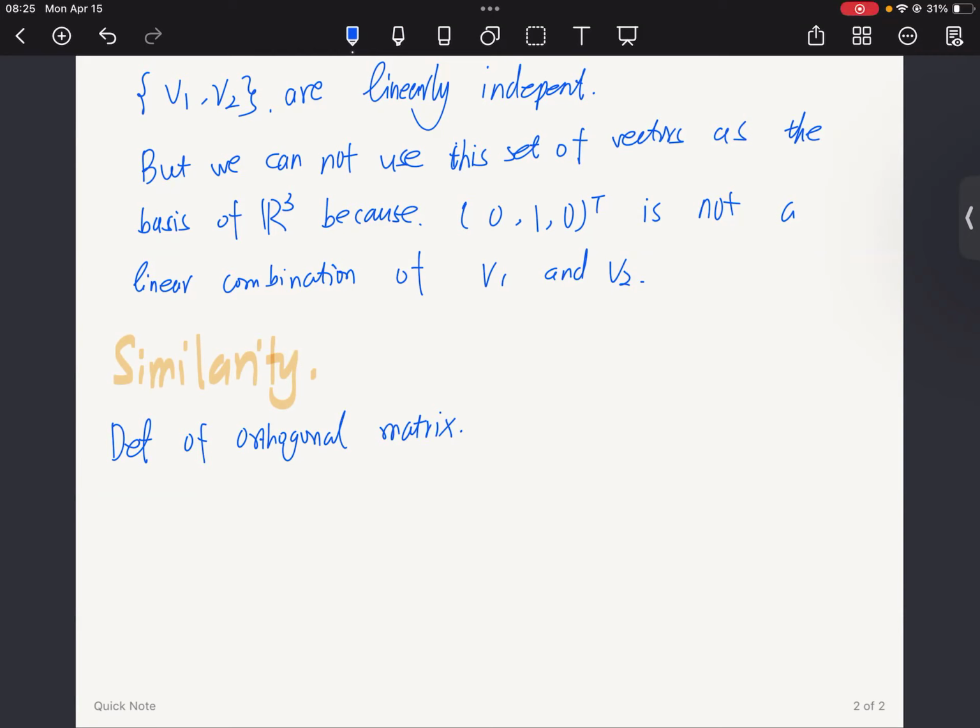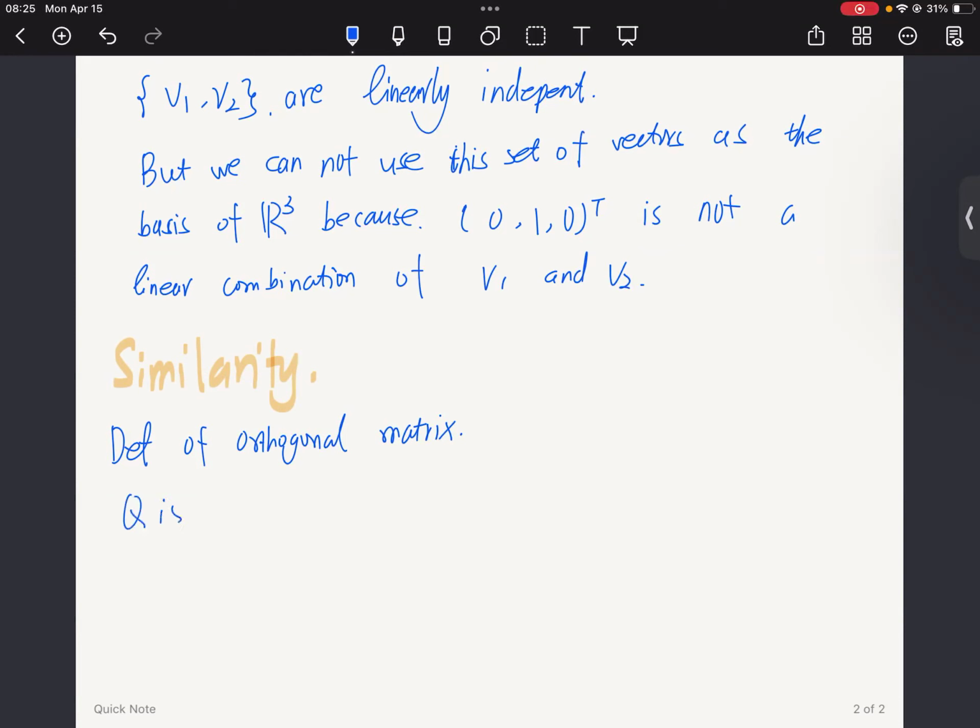Q is orthogonal if, and you need to be very careful with this definition, the columns of the matrix are, let's say Q is an n by n matrix, Q1, Q2, up to Qn.